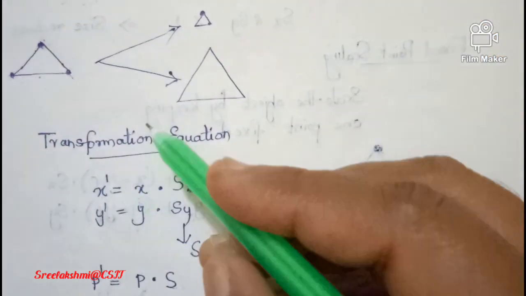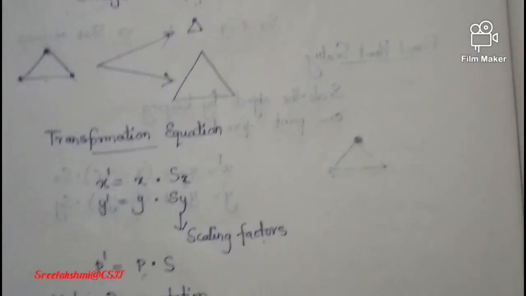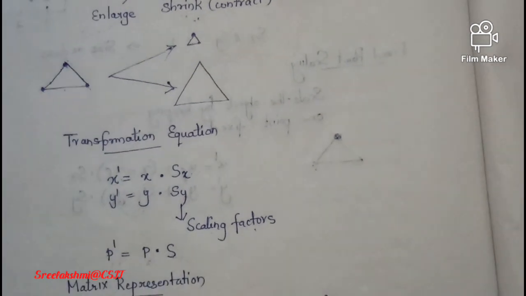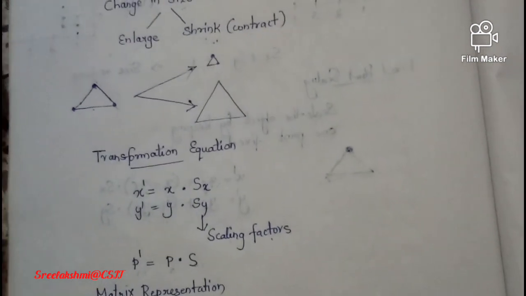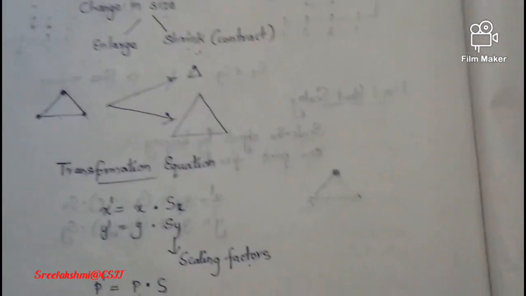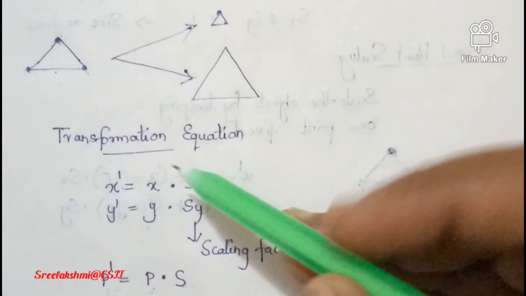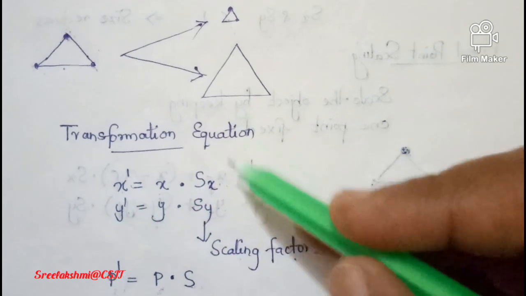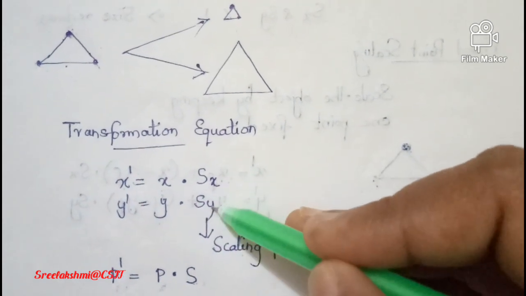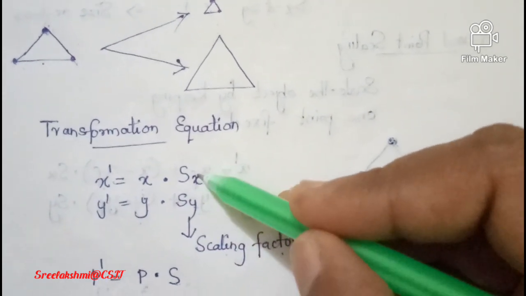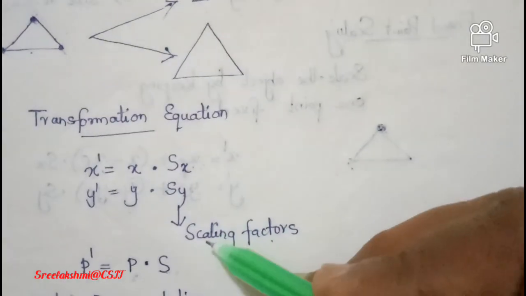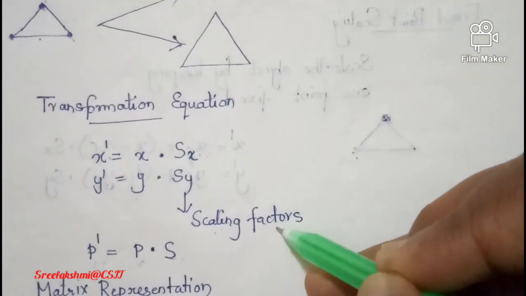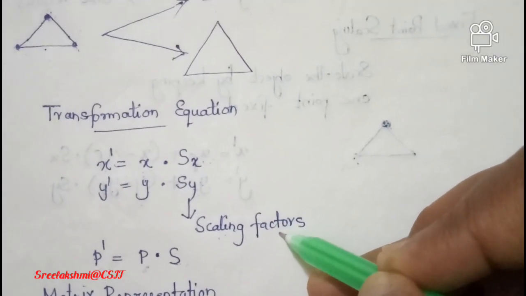So the equation is x dash is equal to x into sx and y dash is equal to y into sy. So we know what is x and y and what is x dash y dash. What about this sx and sy? Sx and sy are together called scaling factors or scaling parameters.